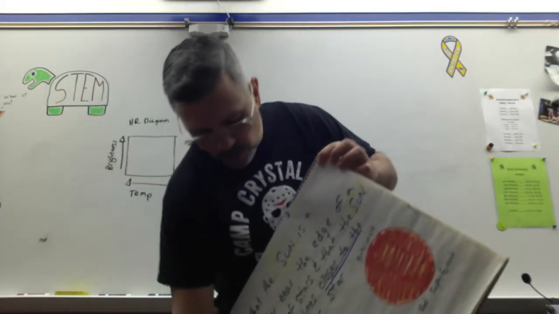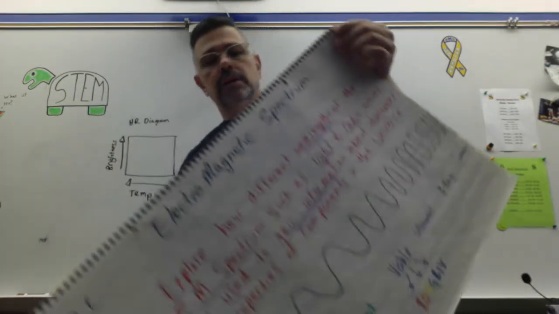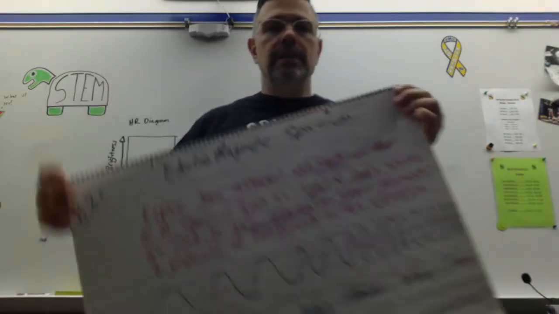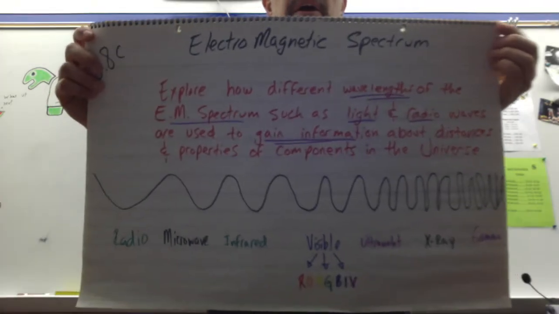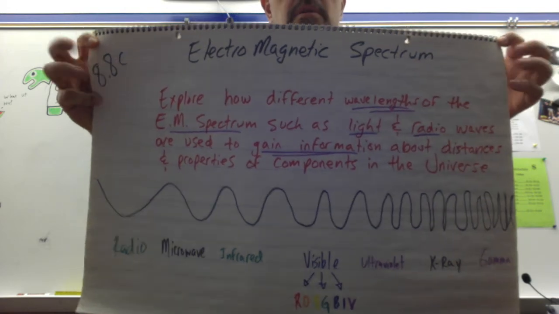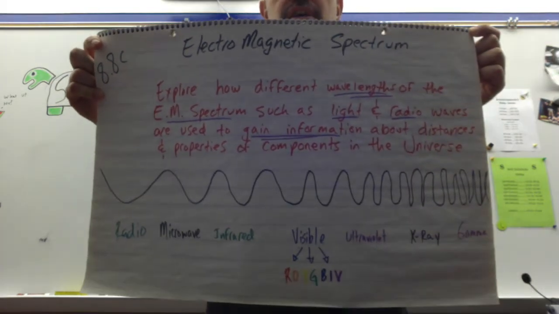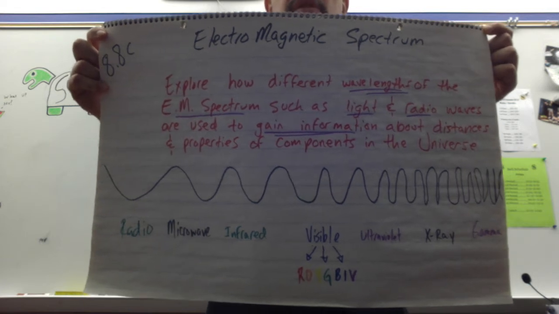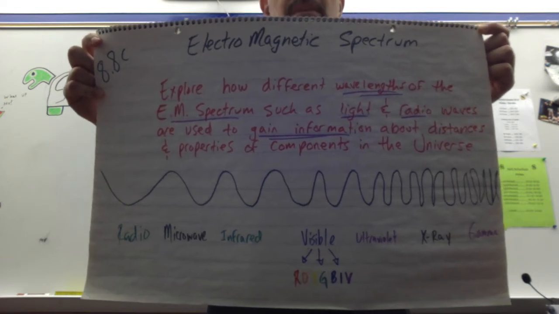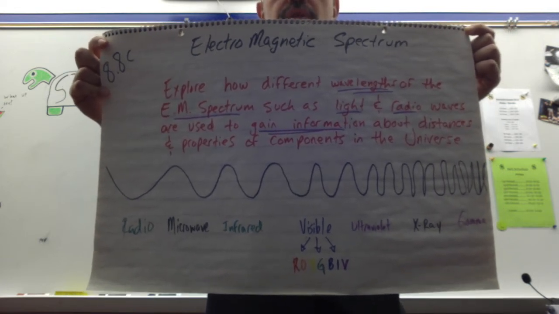We're going to do one more TEK that we're covering in this review, and that is the EM spectrum. This is 8.8c: explore how different wavelengths of the EM spectrum, such as light and radio waves, are used to gain information about distances and properties of components in the universe.